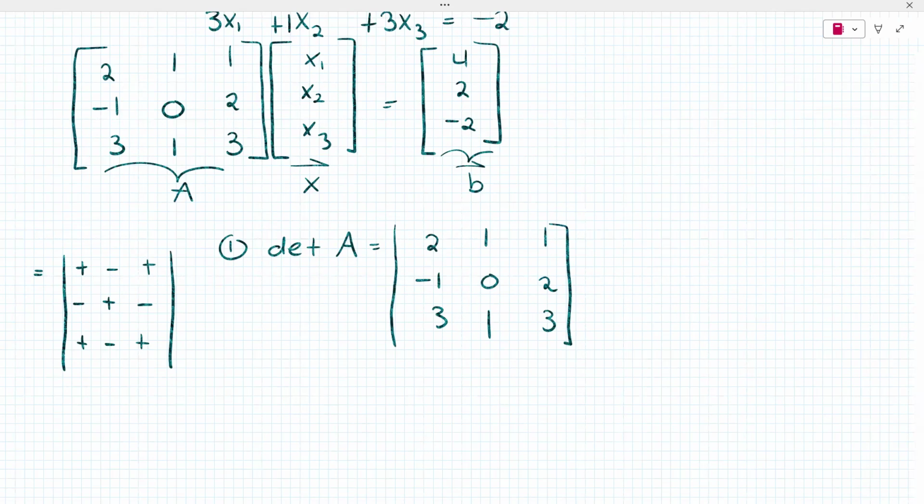You can use any rows or any columns. So let's say I use this column, 1, 0, 1. You can use any row or column, so I'm going to use this. So this is a positive one, but according to the cofactors, it should have a minus. So it's going to be -1.